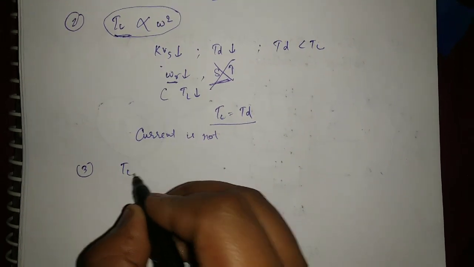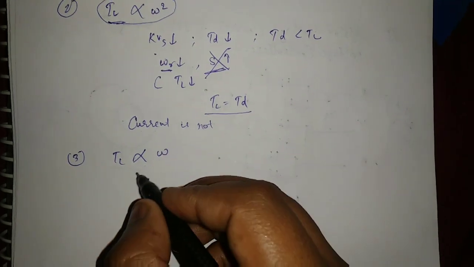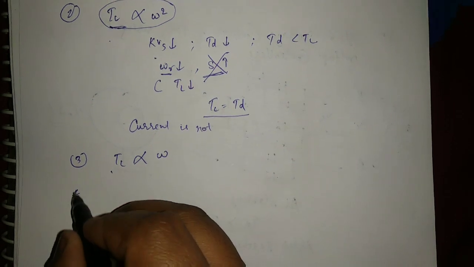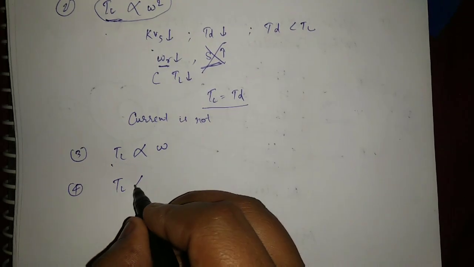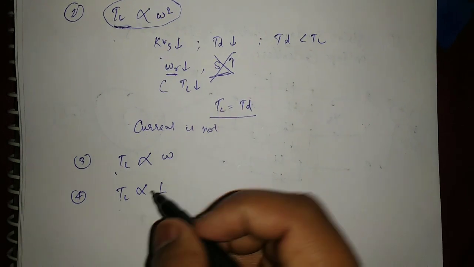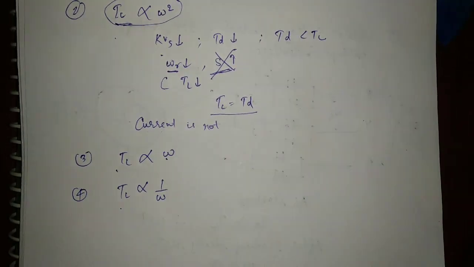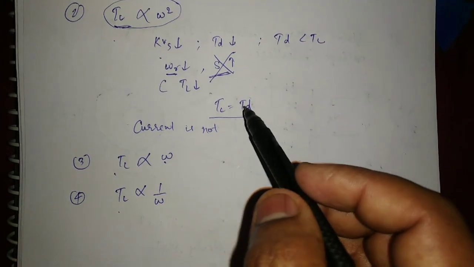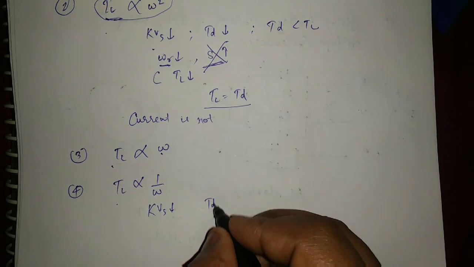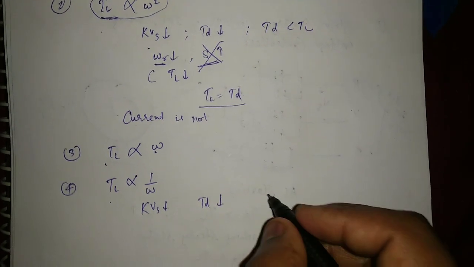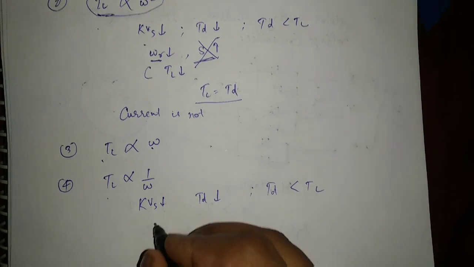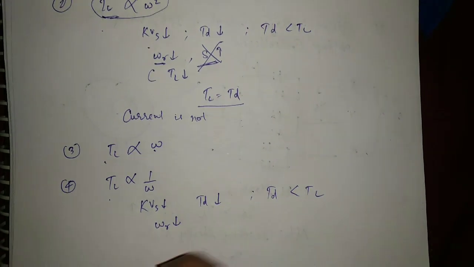Third one is TL is directly proportional to omega. So this and this method is same. Fourth is TL is inversely proportional to omega. So here the reverse procedure will be there, because kVs decreases, TD decreases, TD is less than TL, therefore omega R decreases.